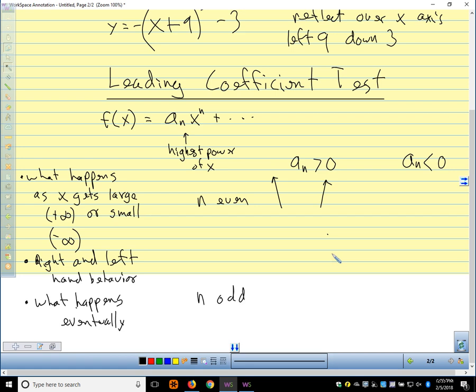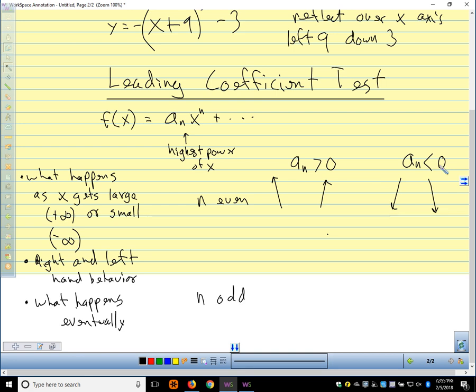If n is even and the leading coefficient is negative, eventually it behaves like y equals negative x squared, and it goes down on both sides. It can do all kinds of stuff in between, but the leading coefficient test tells us that eventually this is going to happen.